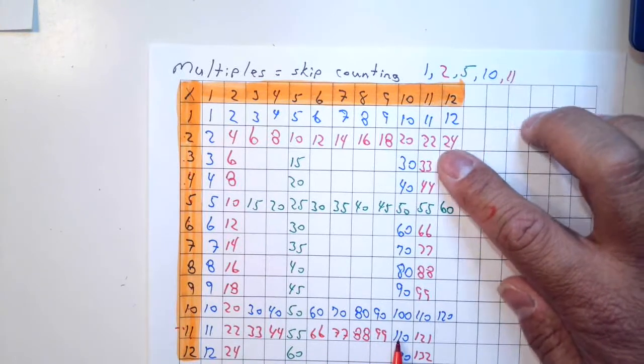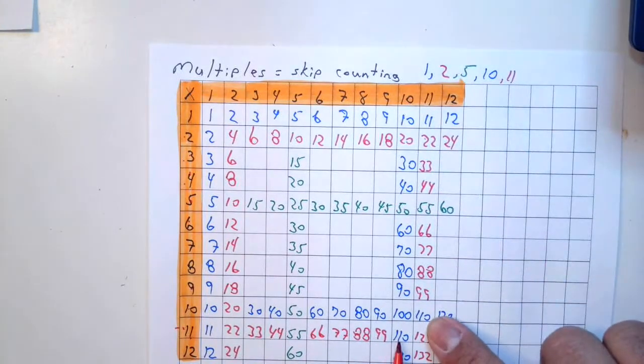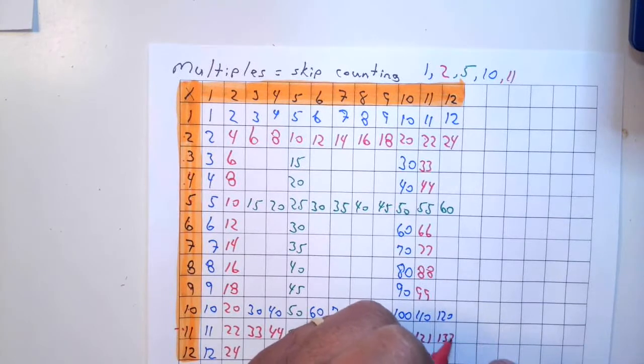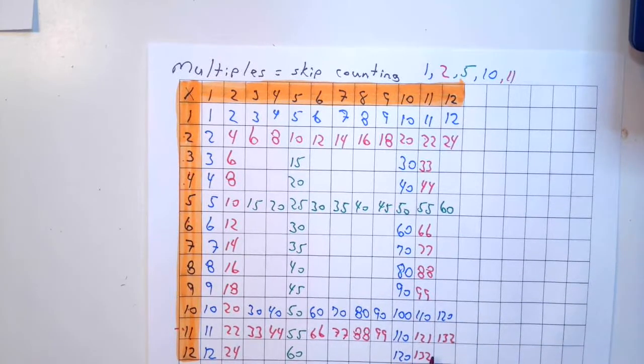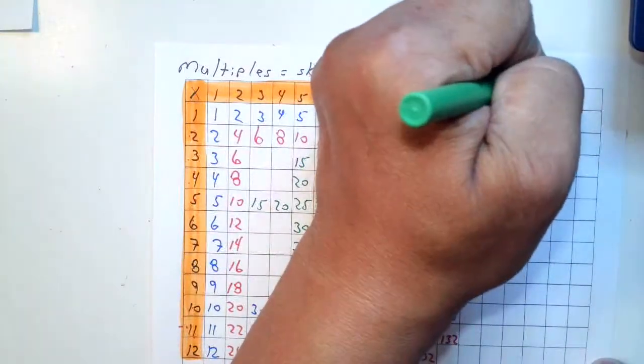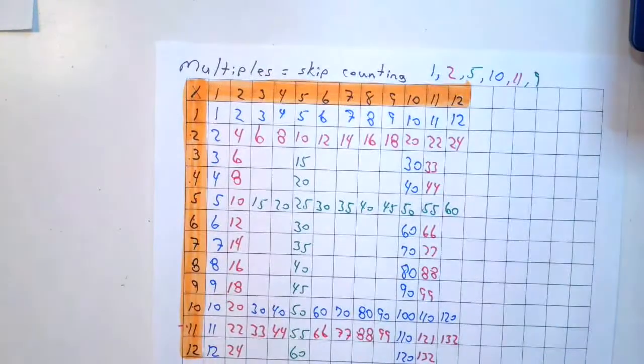We're doing 11s going down. 110. Remember, they're the ones in red. 111, 121. So right here, it's going to be 132. Okay, so now after this one, we're going to be doing our multiples of 9.